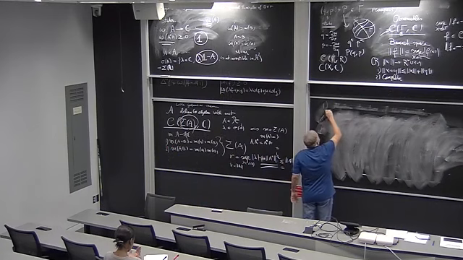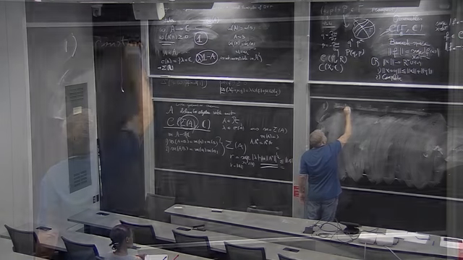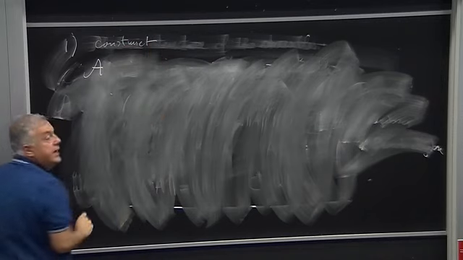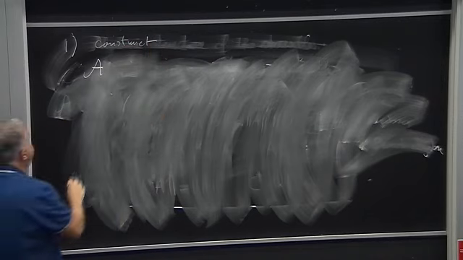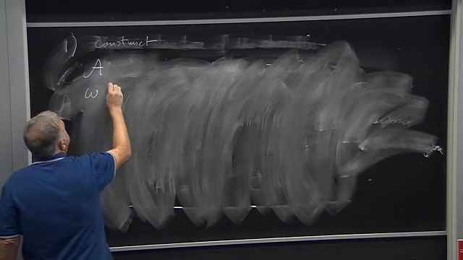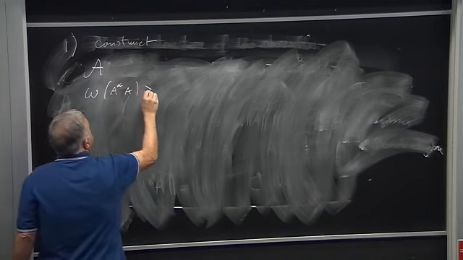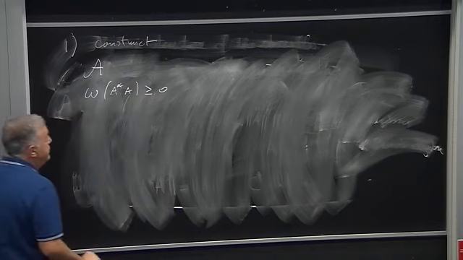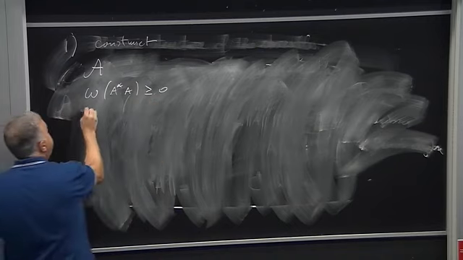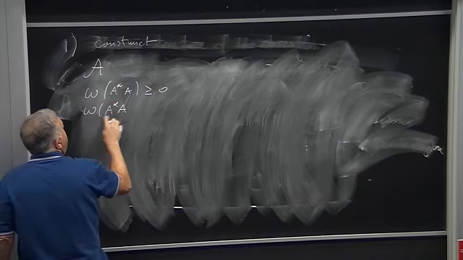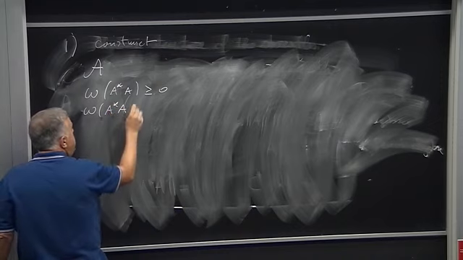So the first thing is to set up a Hilbert space, construct a Hilbert space. What do we have? We have an algebra, A, and we have a state on A which is positive, meaning omega of A star A is greater or equal than 0. But there are elements in the algebra such that omega of A star A is 0.